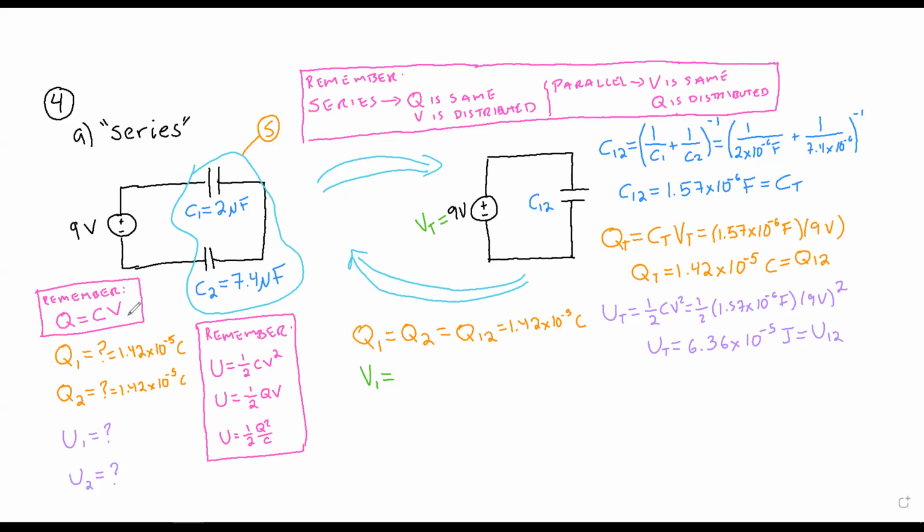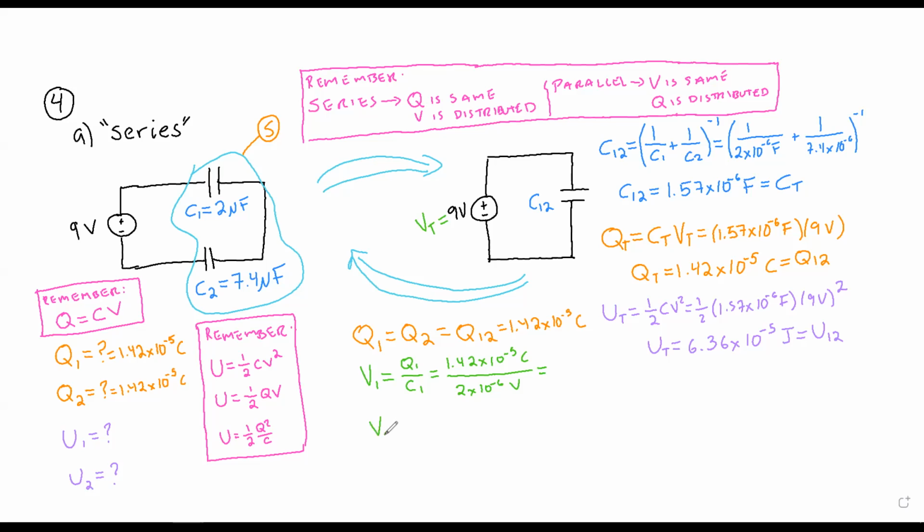How can I calculate voltage 1? Well, I can use the Q equals CV formula. Voltage 1 is going to be equal to Q1 divided by capacitor 1. Q1 is 1.42 times 10 to the minus 5, and capacitor 1 is 2 times 10 to the minus 6. What is this value calculated?